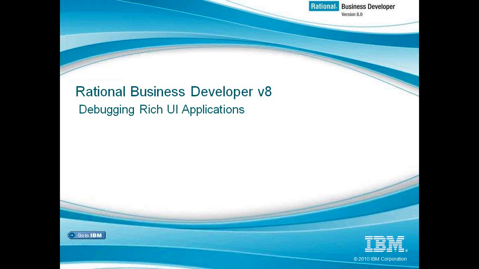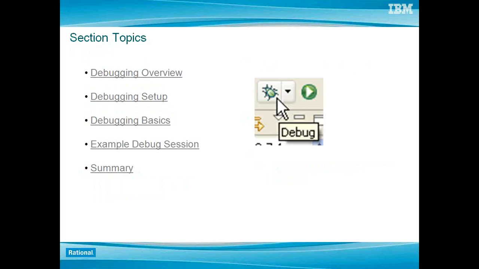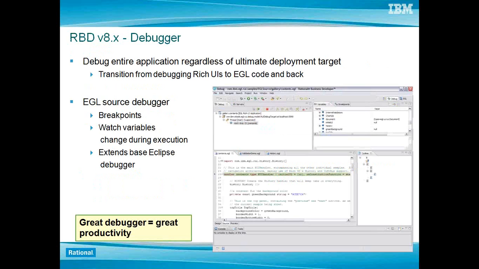First, starting with debugging Rich UI applications. We are going to see what is the basic purpose of debugging your application, and what are the steps and how we can configure our environment in order to debug our application.